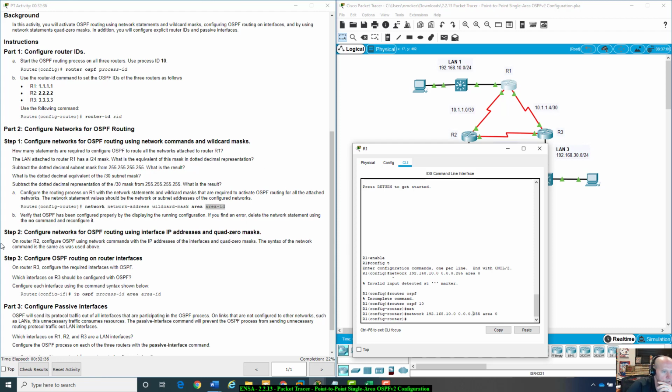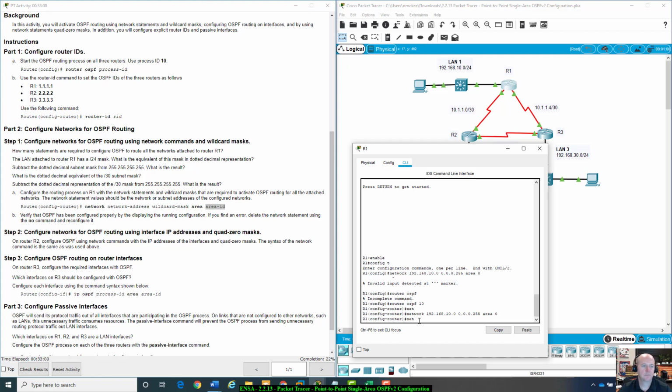Let's see. Verify that OSPF has been configured properly. That's one of our networks, now we need to do the next network. It really didn't tell us we have to redo that, unless I didn't read it. Configure the routing process and run the routing network statements.